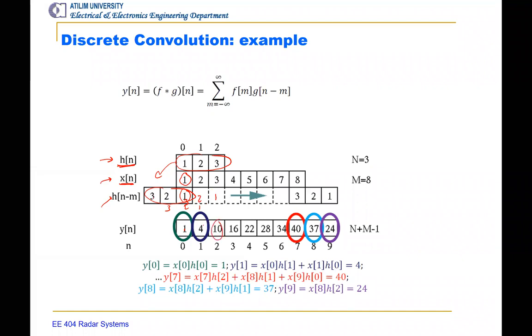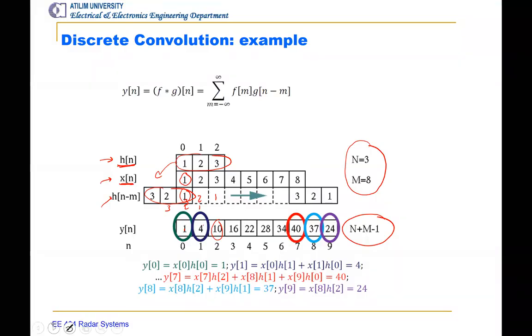Okay? So when we sweep this to the right, at the end, we get a sequence like this. You see, the size of the output sequence is going to be the sum of the sizes of the two sequences minus 1.